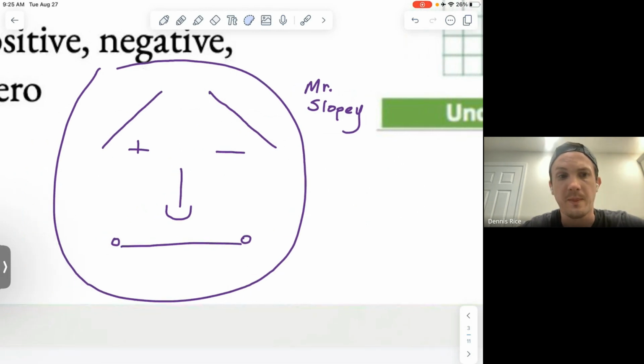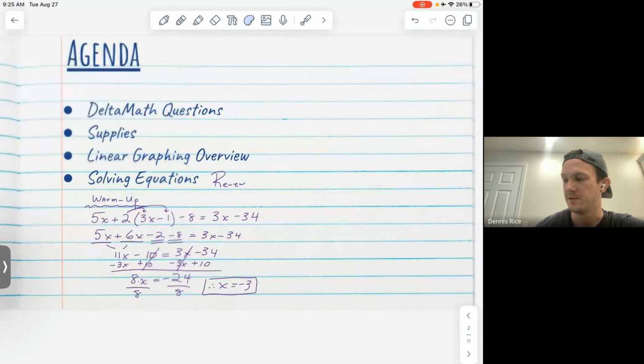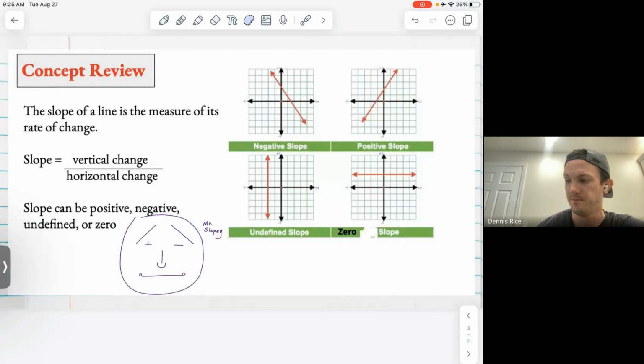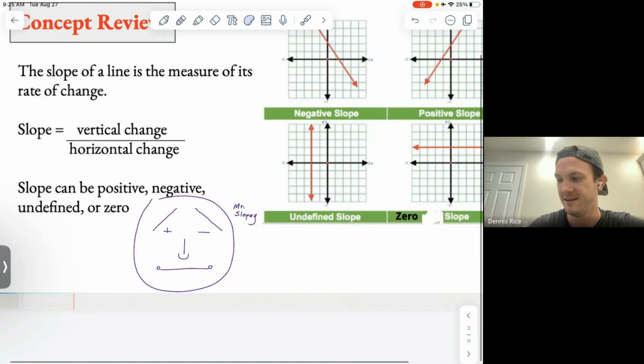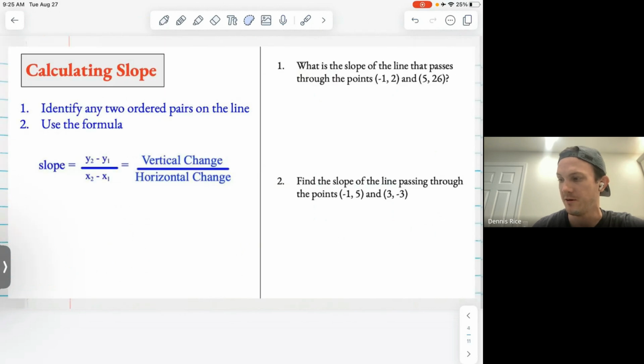Mr. Slopey. Okay. Has anyone seen that before? No one's seen Mr. Slopey? Okay. 6th grade teachers don't teach Mr. Slopey, I guess. Okay. Tough crowd.